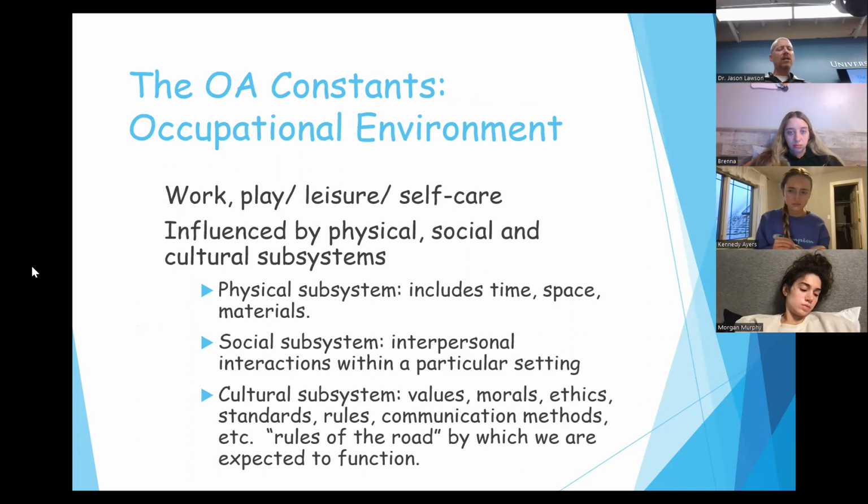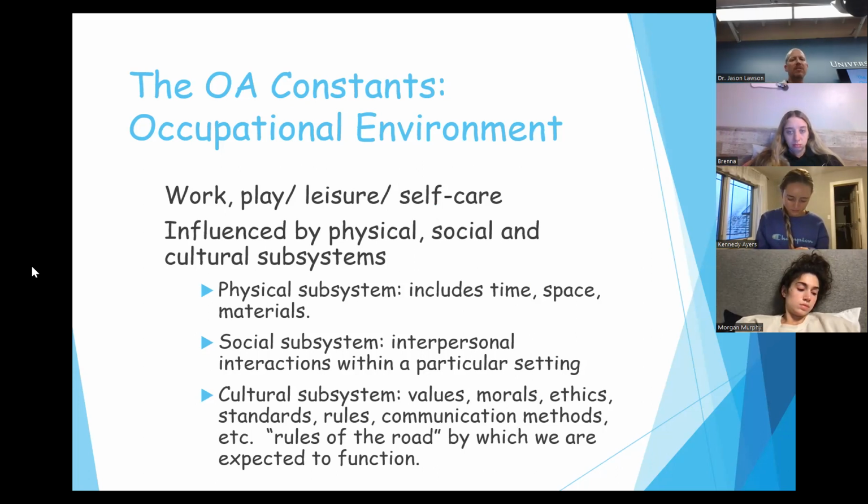So the OA constants, okay, we have the occupational environment. And so the occupation is work, play, leisure, self-care. And those are going to be influenced by the physical environment, by the social environment, okay, by the cultural environment. They call them subsystems, but we're familiar with them as environment.